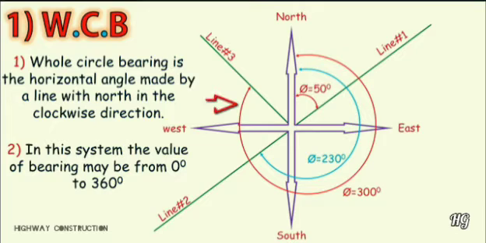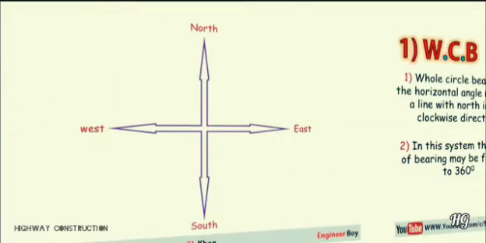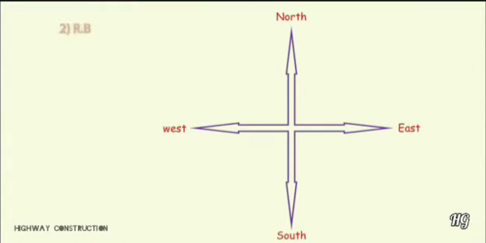In this little portion, let's assume this is 30 degrees, so it's 300 degrees, right? So this is the whole circle bearing system, and in this system the bearing is always measured clockwise from the north toward that line. That's so simple, right? Let's go ahead to the other bearing system, which is the reduced bearing system.